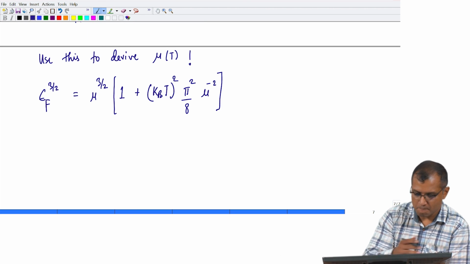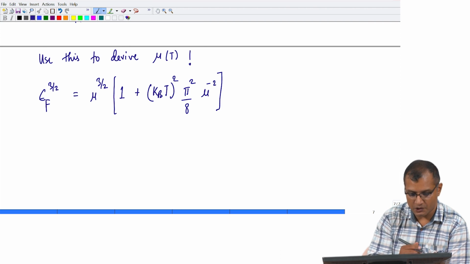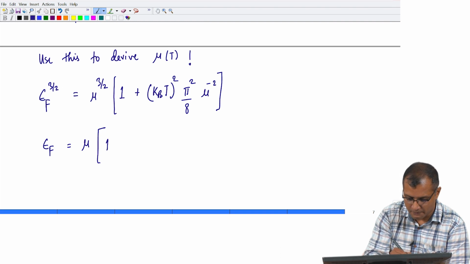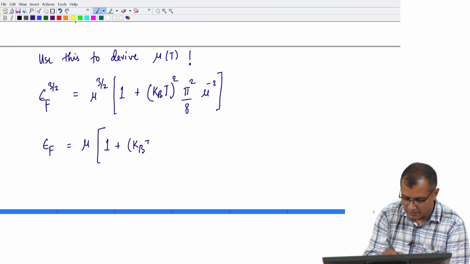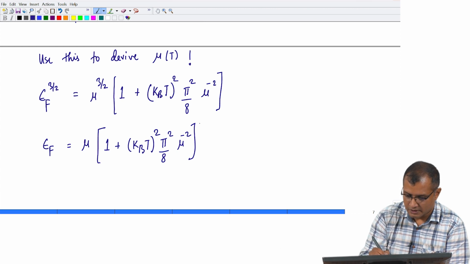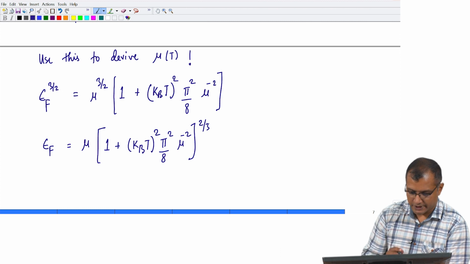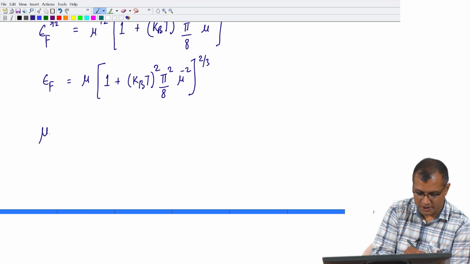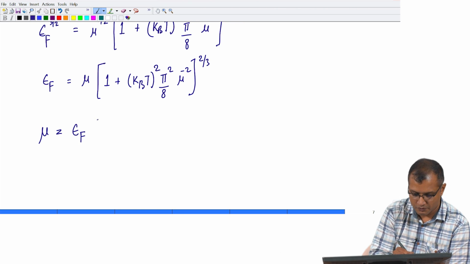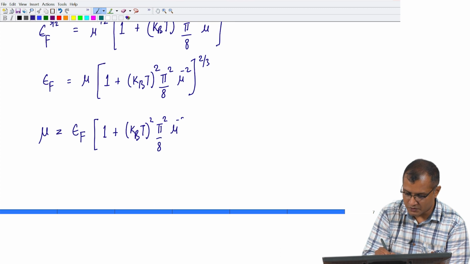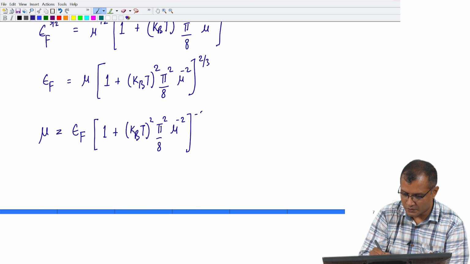But before that you can raise the entire equation to power 2/3, that would make it E_F is equal to mu into 1 plus kBT the whole square into pi square by 8 mu to the power minus 2, raised to 2/3. You raise the entire equation to the power 2/3 and simply transpose to the opposite side. So, mu becomes E_F into 1 plus kBT the whole square into pi square by 8 into mu raised to minus 2, raised to minus 2 by 3.